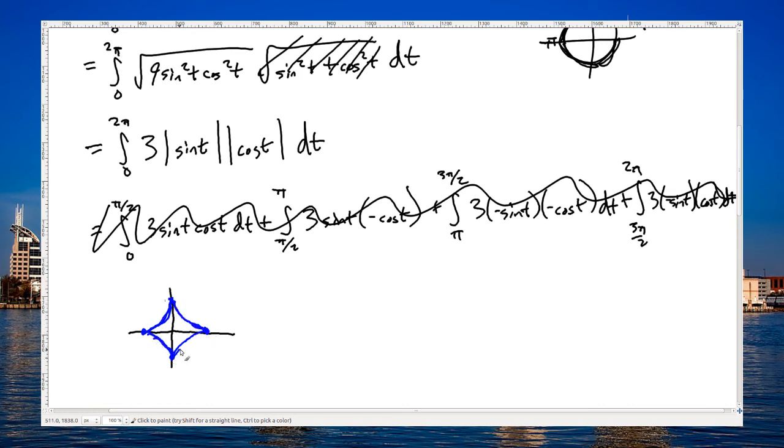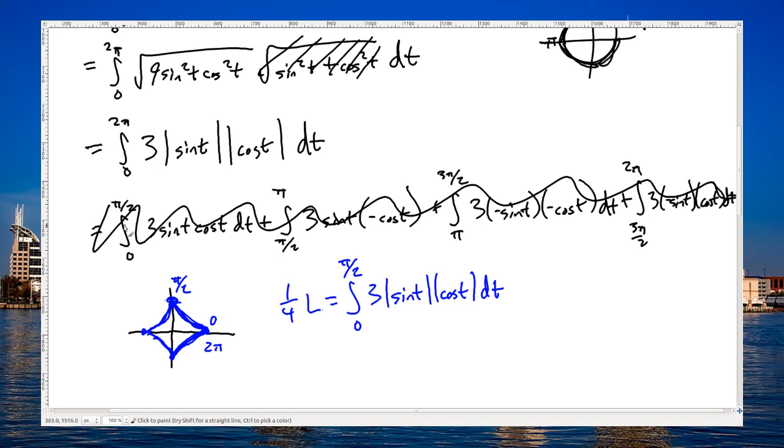So if you want to know what the length of the entire thing is from 0 all the way around, you could just take a quarter of it from 0 to pi over 2. And so 1/4 of the length would be the integral from 0 to pi over 2 of 3 sine of t and cosine of t with absolute values. And as we just noted, between 0 and pi over 2, sine and cosine are both positive, so I can just drop those absolute values.